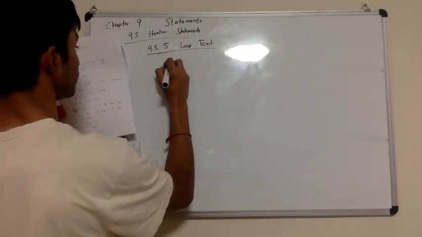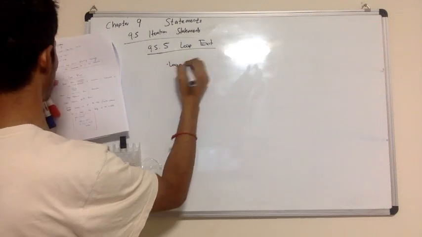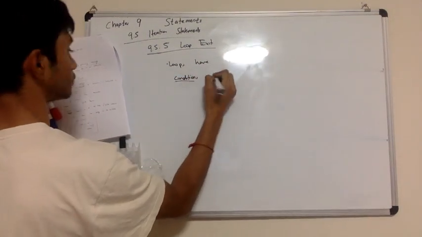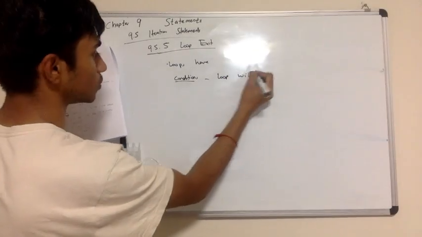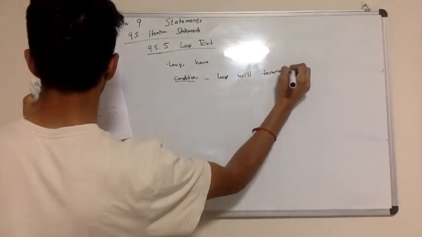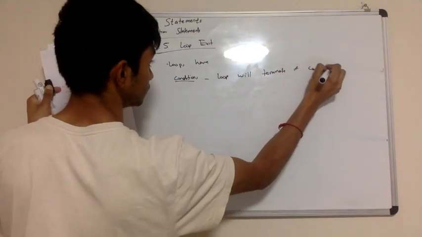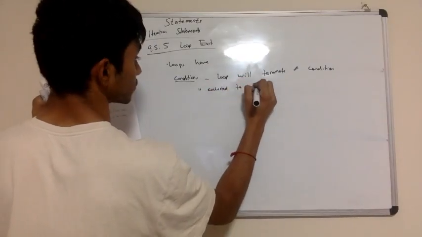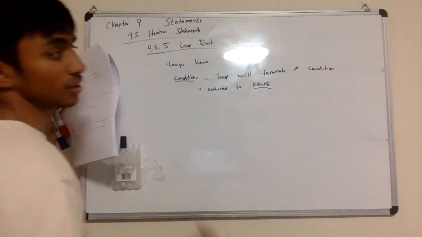So loops have conditions, right? We've seen that. The loop will terminate if the condition is evaluated to false, especially in that for loop example.